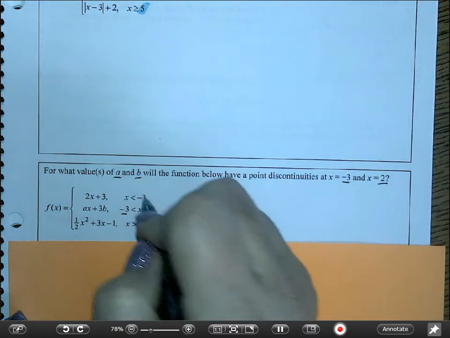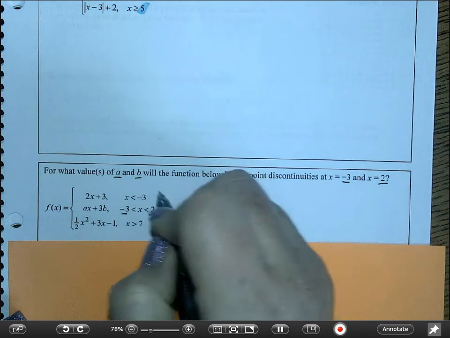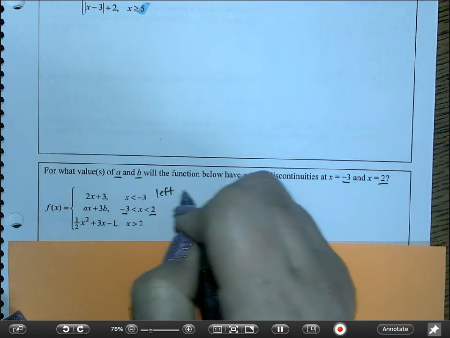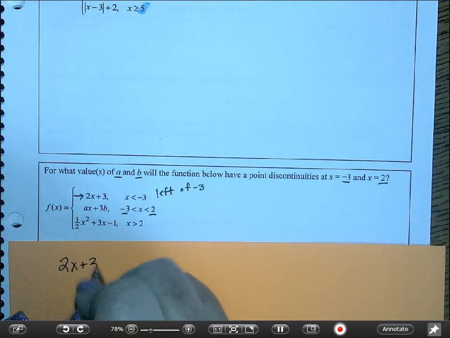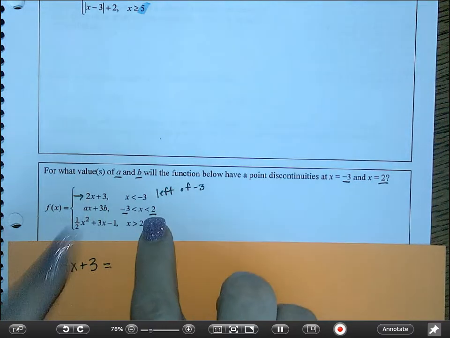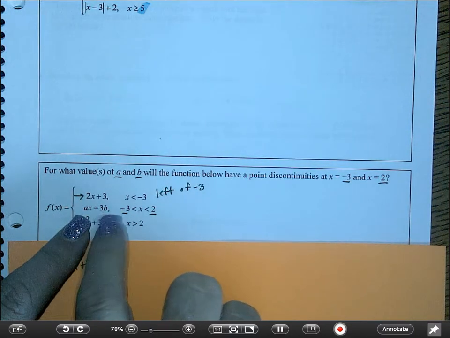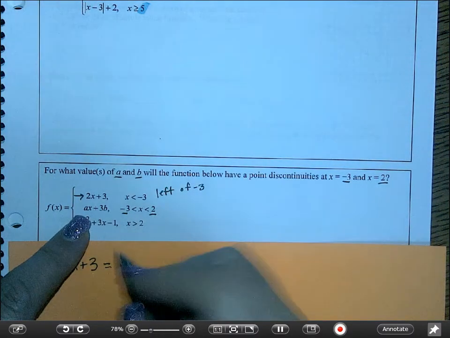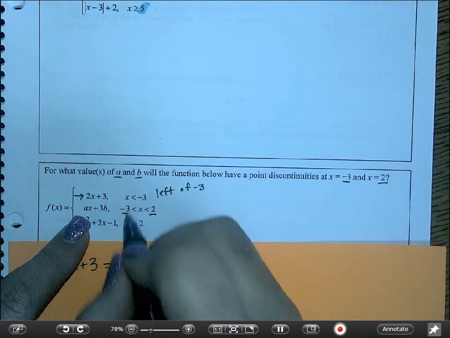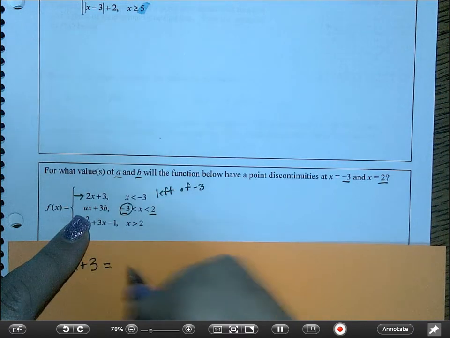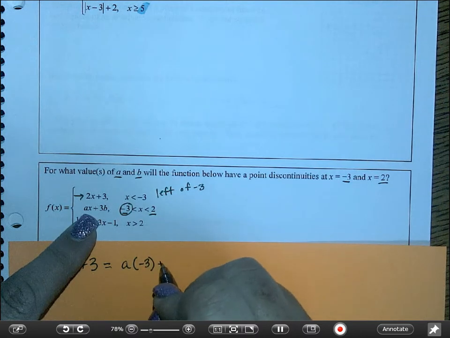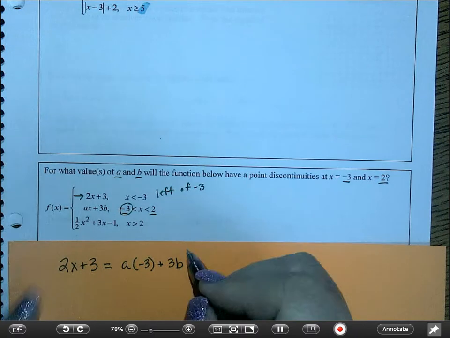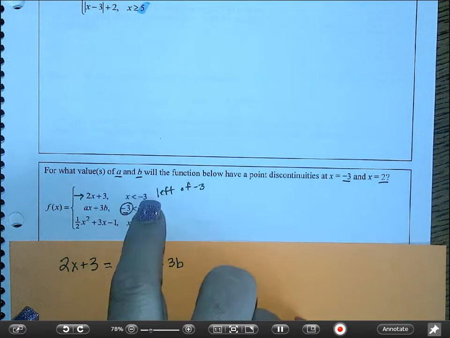So we need to figure out the left side of -3, which is this equation. So 2x plus 3 needs to equal the y value. So we're going to have, when we plug in -3, so a and then -3 plus 3b, and I'm going to replace x with -3.